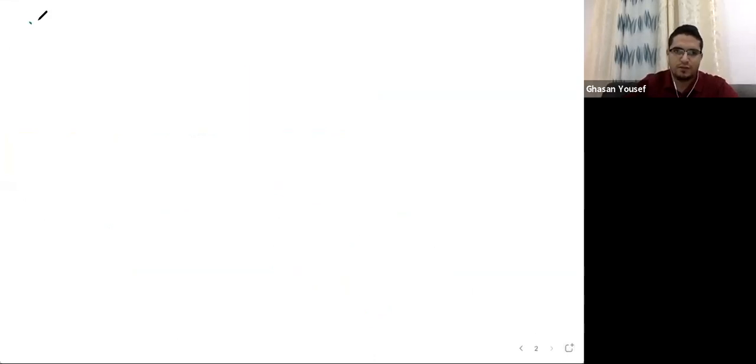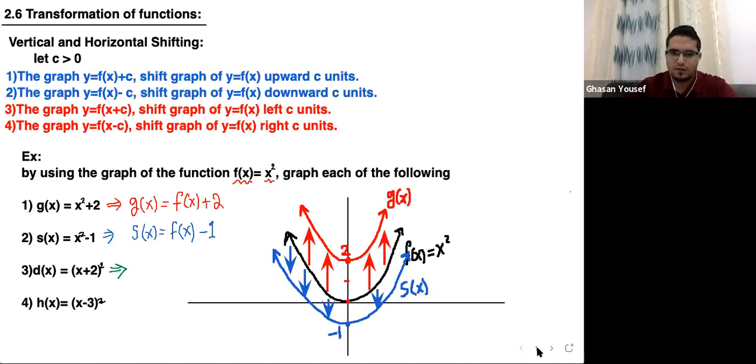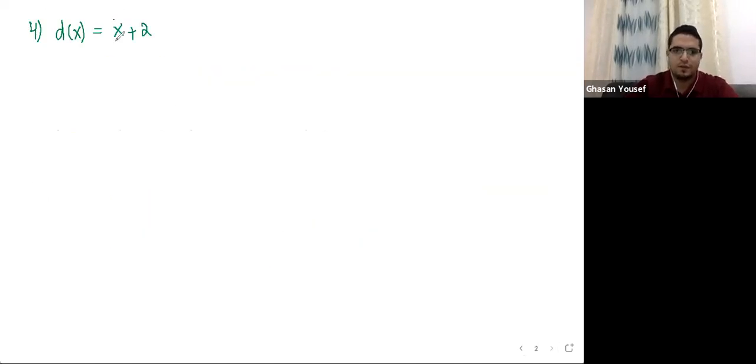So number 4, d of x equal x plus 2 squared, and the original function is f of x equal x squared.